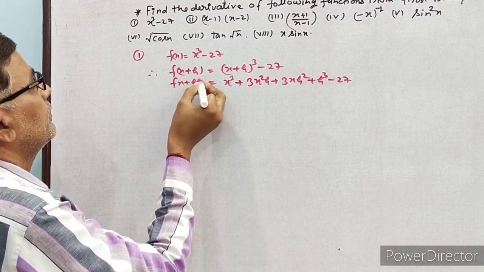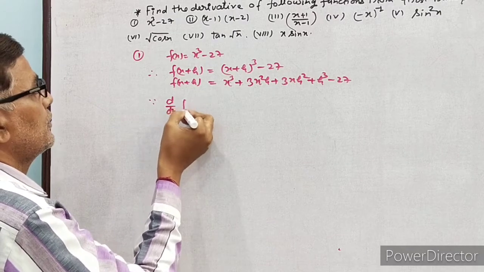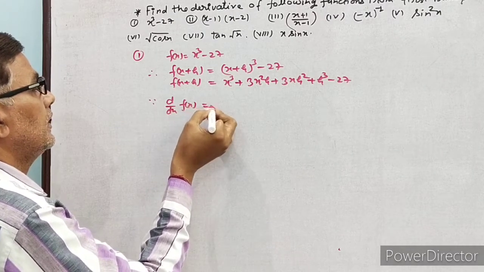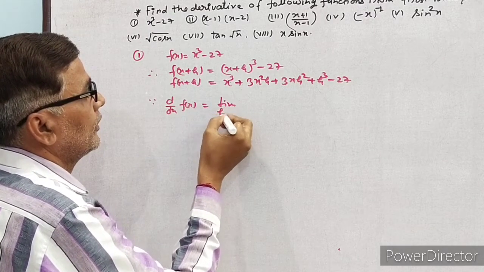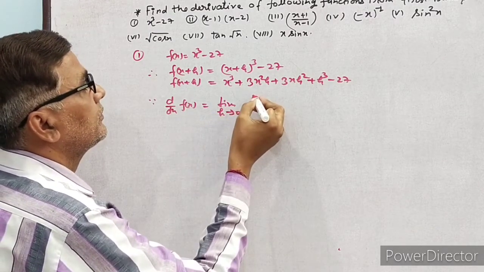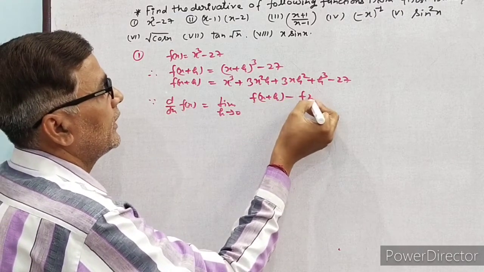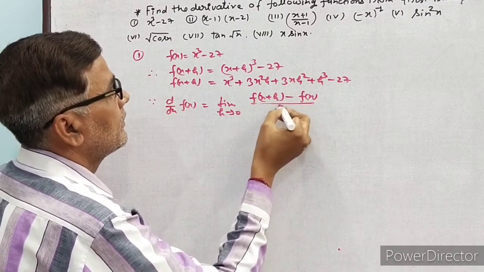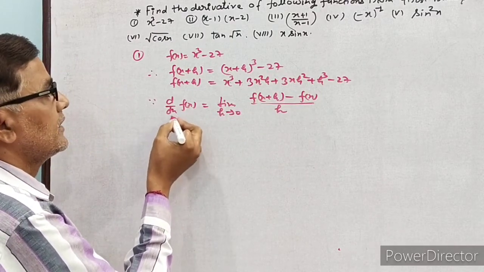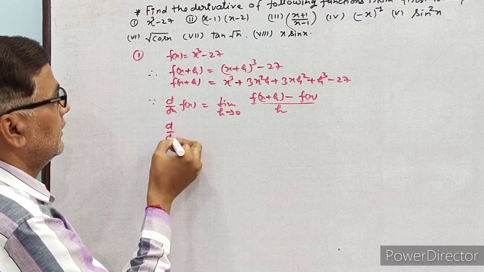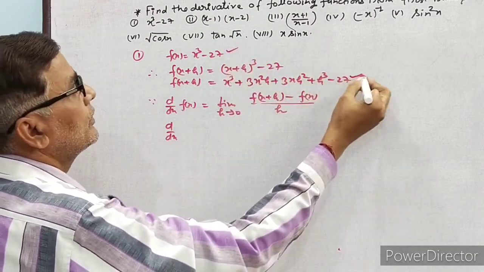As we know, the relation used for the first principle is d/dx f(x) is equal to limit h approaches to 0, f(x plus h) minus f(x) whole divided by h. Now replace f(x) and f(x plus h) by these two values.